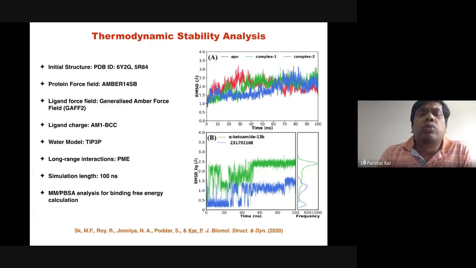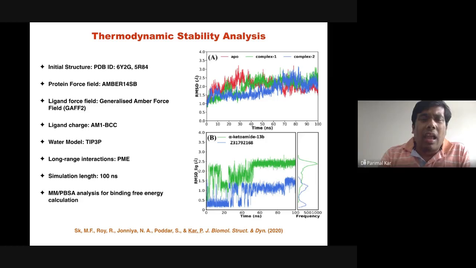So to take into account the effect of long range interactions, we use the particle mesh Ewald scheme. Any atoms within 10 angstrom, we compute via direct interaction, using Coulomb and Lennard-Jones interactions, and beyond that we treat it using the particle mesh Ewald scheme. That's a different summation scheme.